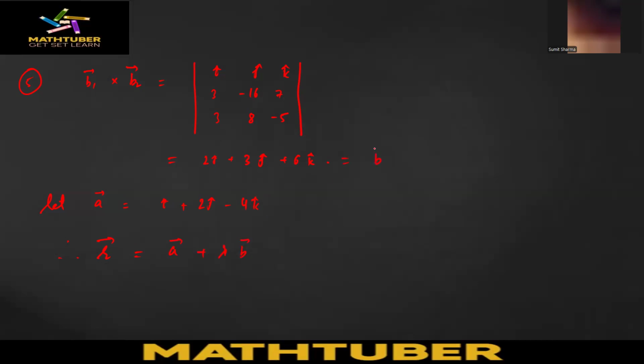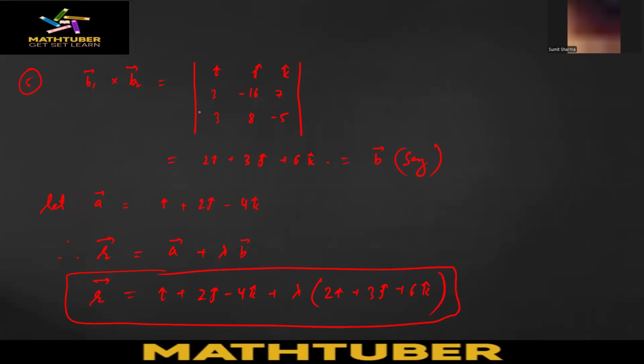Let us consider this as the b vector. So it will be equal to i plus 2j minus 4k plus lambda into (2i plus 3j plus 6k). And this will be the answer. This is how we can do the question. Okay, thanks.